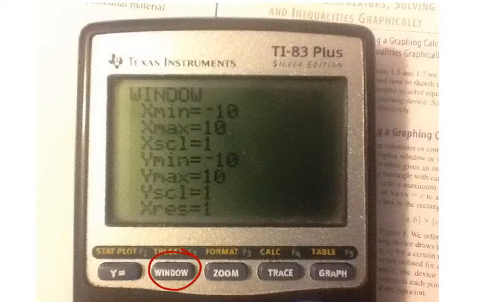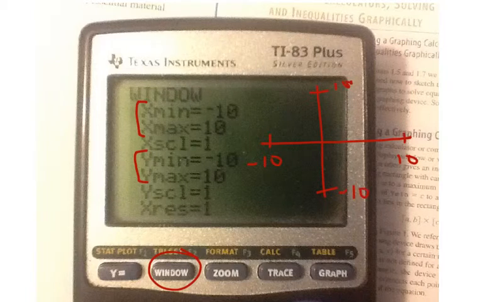The TI-84 Plus, you might actually have some other stuff listed. What we're working on right now, we're worried about these: X-min, X-max, Y-min, Y-max. What that does is it says that the coordinate plane that pops up on your graph, it goes 10 units to the right, it goes -10 to the left, it goes 10 units up, and -10 down.